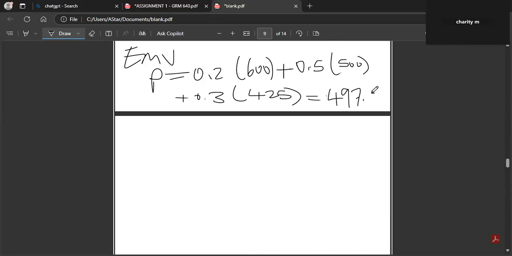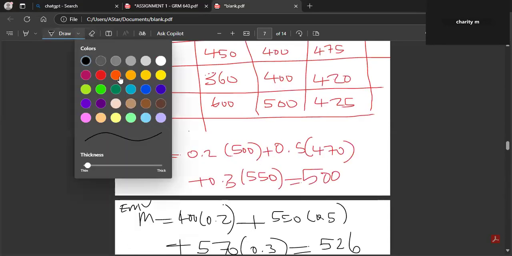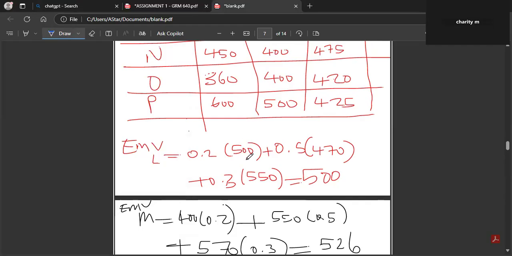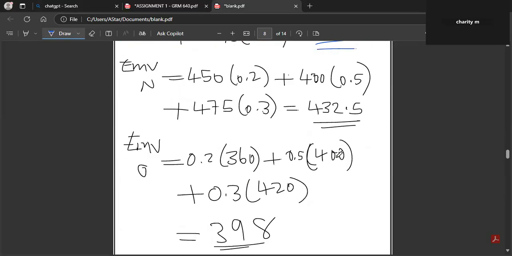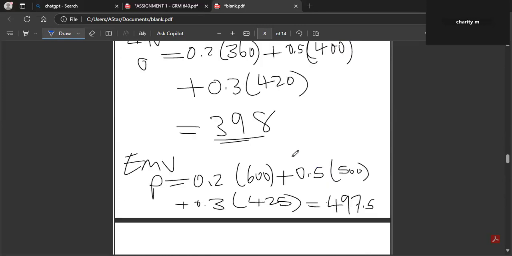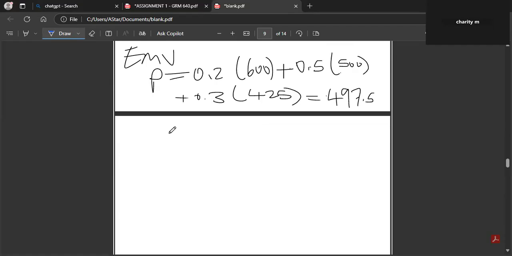Okay. So which one is the highest possible figure here? The highest possible figure is 526. There is this one, 526. There is this one here, 398. So therefore, invest in which project?